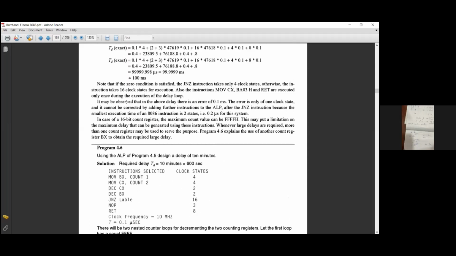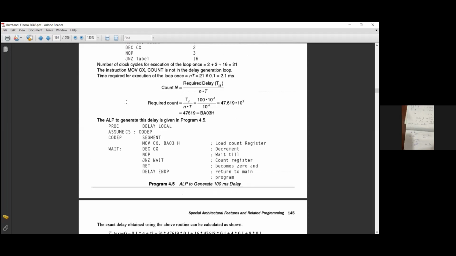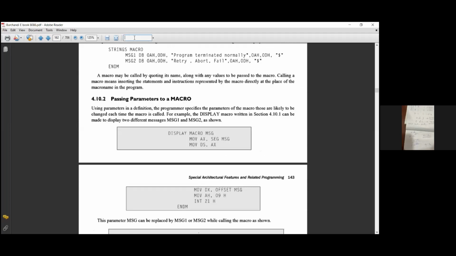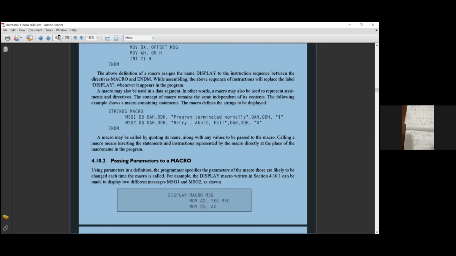Interrupt service routine, there is a big table. Interrupt, UPT, page 129. Sir, the interrupt service routine? Yes, yes. So page 129.